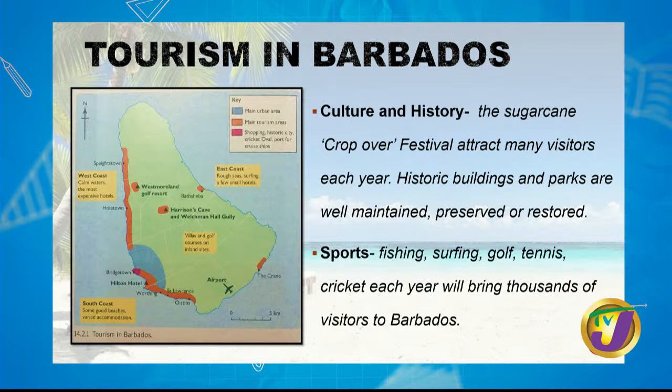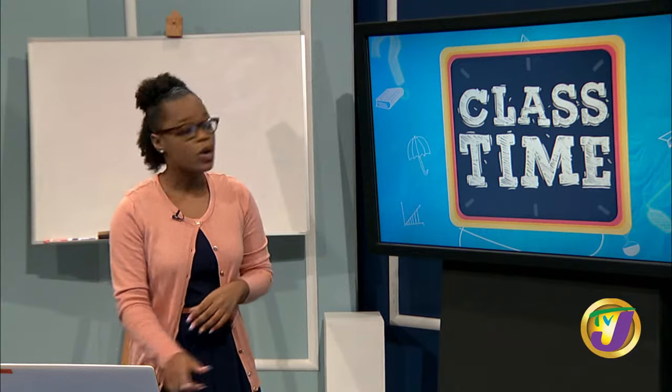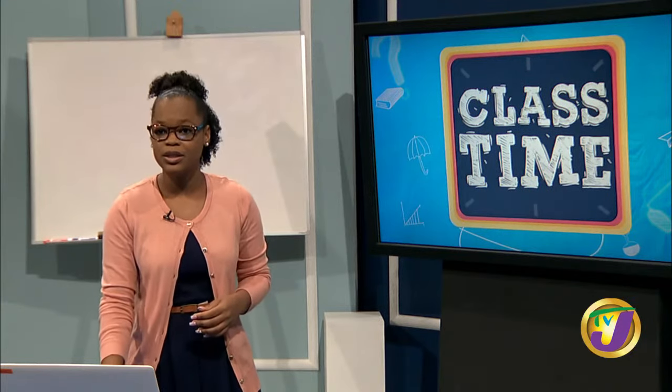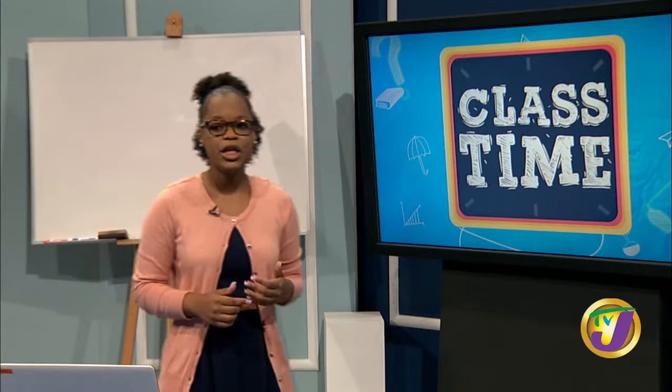Sports such as fishing, golf, rugby, tennis, and cricket each year will bring thousands of people to Barbados just to watch, or those who are participating in these sporting activities. We're still on the factors that are attracting persons into Barbados. We speak of accommodation.